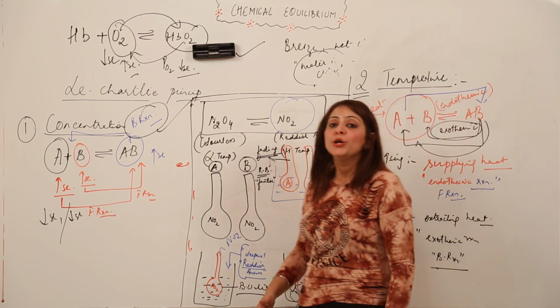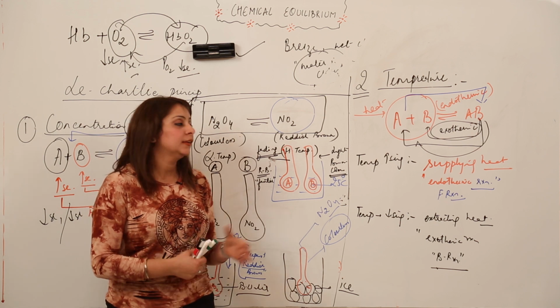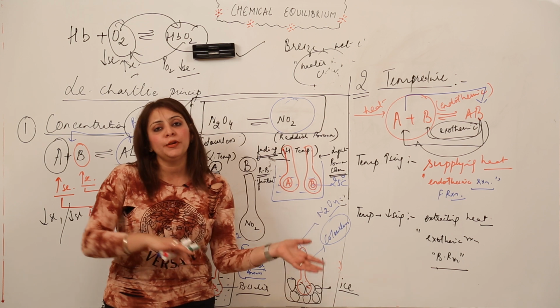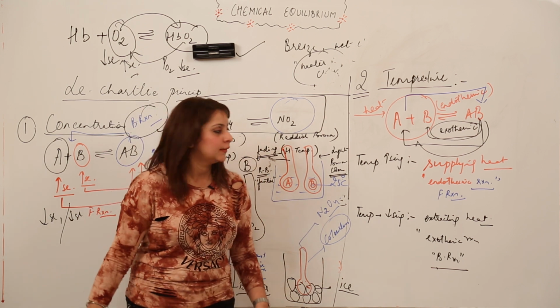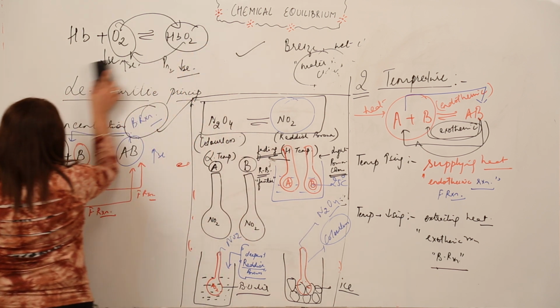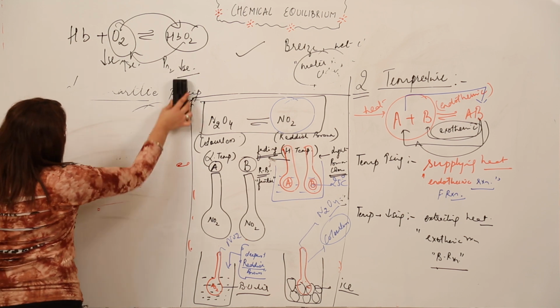So this is how you are going to explain the second factor which affects the equilibrium, or which shifts the equilibrium in a forward or backward direction. So this was the temperature factor, right? Now we will be doing the third factor. I am summing up the factors so that you do not get confused.